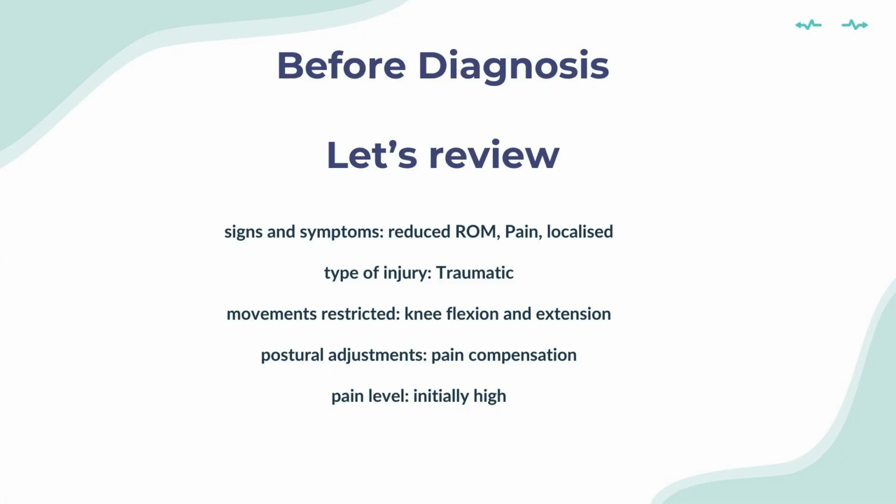But in this case, if we review what we've seen so far, the signs and symptoms were reduced range of motion. There was pain in the posterior aspect of the knee. It was a traumatic injury, and then it was a localized pain in that area. Then the movements that were restricted were knee flexion and knee extension, and then the postural adjustments that came with it are pain compensation or weight shift.